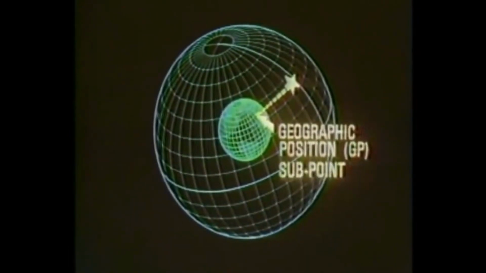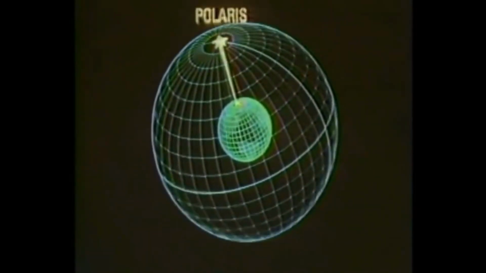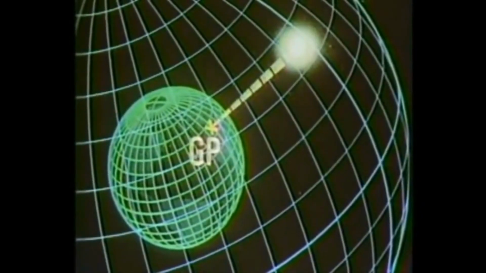Sometimes it is called the subpoint. If you were at the geographic position of Polaris, the star would be directly overhead at your zenith, and you would be near the North Pole. Similarly, if you were at the equator and the sun was directly overhead at your zenith, you would be at the sun's GP. This principle applies to any celestial body: the moon, a planet, a star, or the sun. You are at that body's GP when it is directly overhead at your zenith.